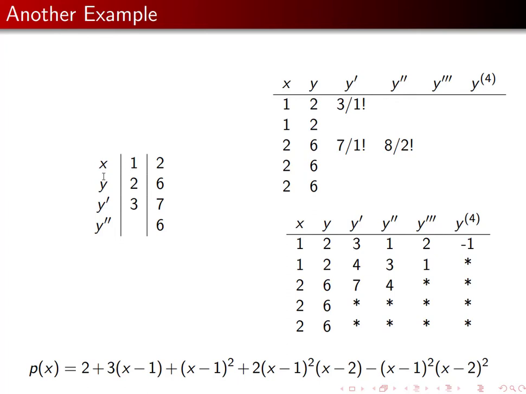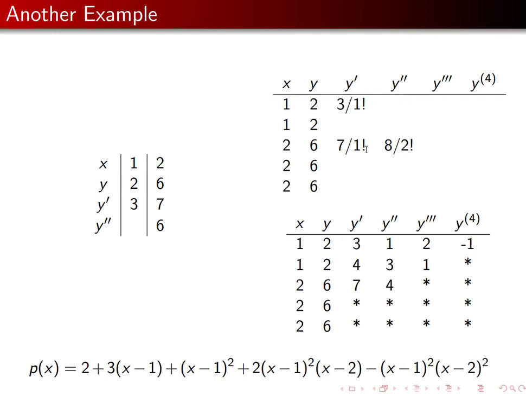Okay, here I have another example for no particular function, but I just have the data. But notice here I have it to the second derivative, and again, if I have a second derivative, I have to have all of these values above it. If I had a third derivative, I would have so forth. So if I have any number of derivatives, I have to fill in all the way above this.